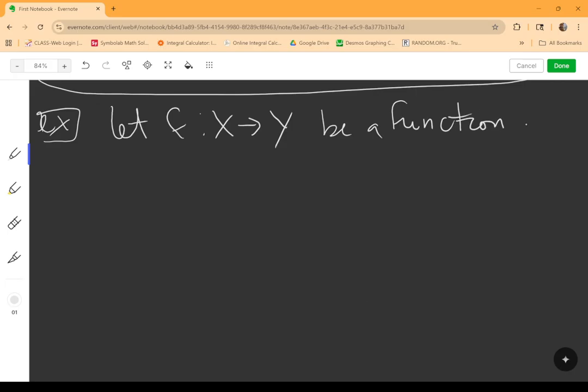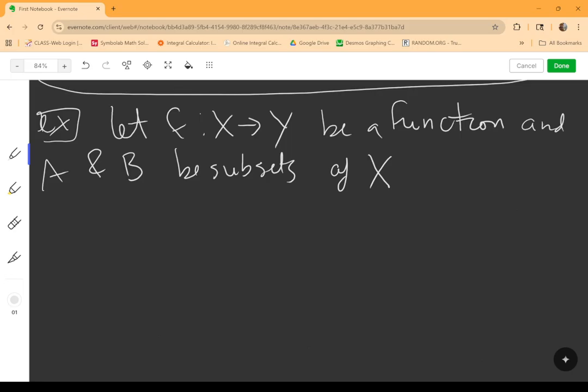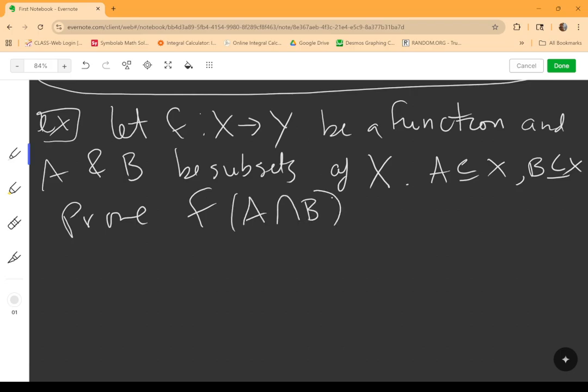For this example, let f be a function from X to Y, and let A and B be subsets of X. So here we have A is a subset of X and B is a subset of X. I want to prove that f of A intersection B is a subset of f(A) intersection f(B). All right, so let's start here.